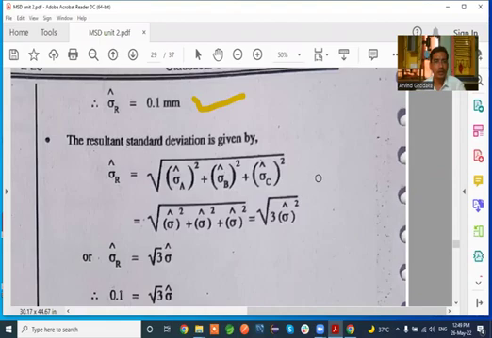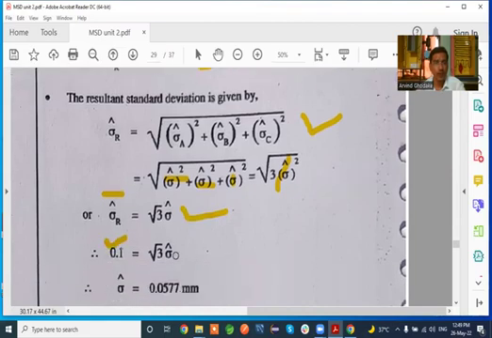The resultant standard deviation is given by sigma cap R is equal to square root of the sum of the squares of standard deviation of the component A, B and C. So putting the value of standard deviation of component A, B and C, it will be root of 3 sigma cap square. Therefore, sigma cap R is equal to 0.1 and is equal to root 3 sigma cap.